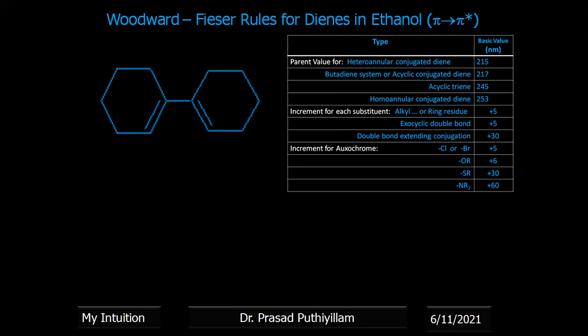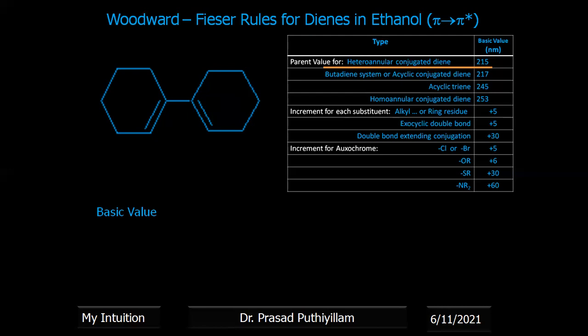This has to be treated as acyclic conjugated diene or butadiene system. Okay, so basic value is... I am sorry. It is heteroannular conjugated diene system. So it is not the fused case as such.